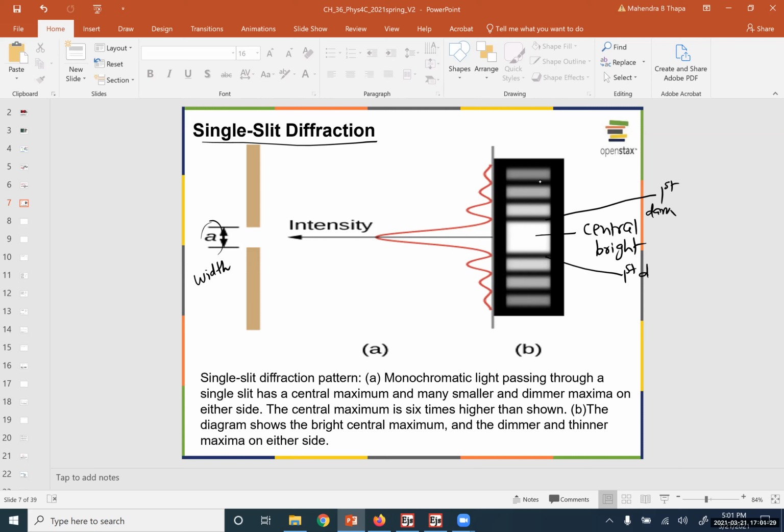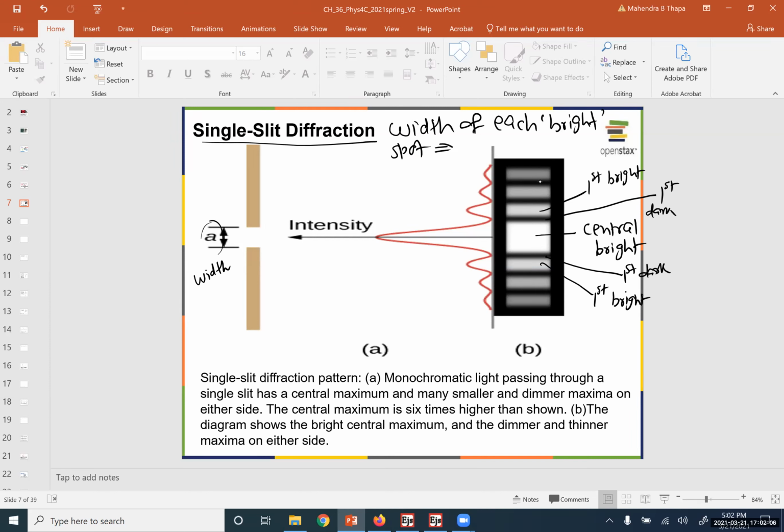First dark. Then again we'll see the bright. We call it first bright. Okay, and this one is also first bright. And this kind of alternate band keeps going to both sides of the center bright. But you have observed here that the width of each bright spot is not the same.